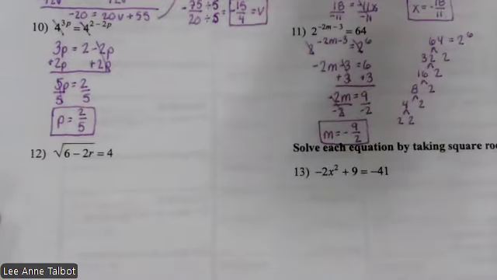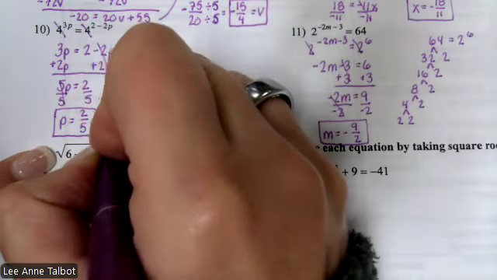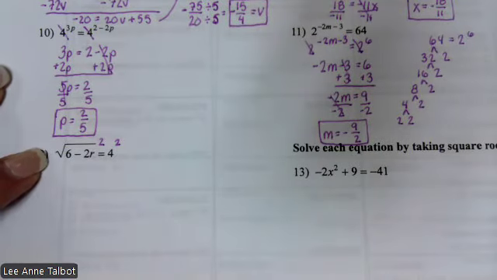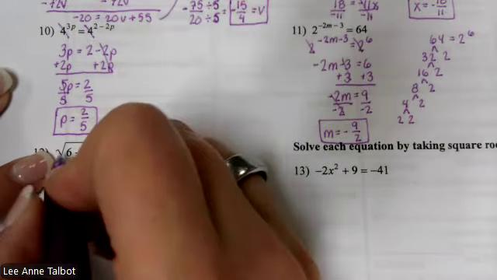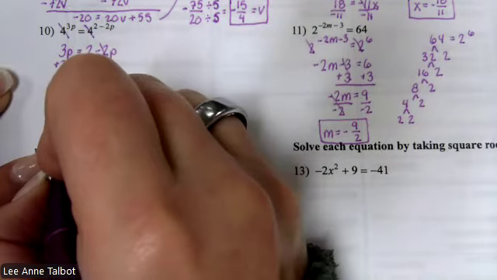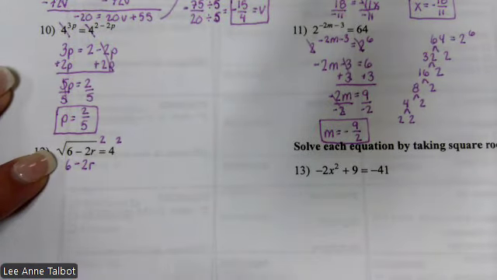Number 12. This side is square rooted, so I need to square both sides to get rid of the square root. And when you square both sides, on this side, the square root and square root cancel, and it's just 6 minus 2r.